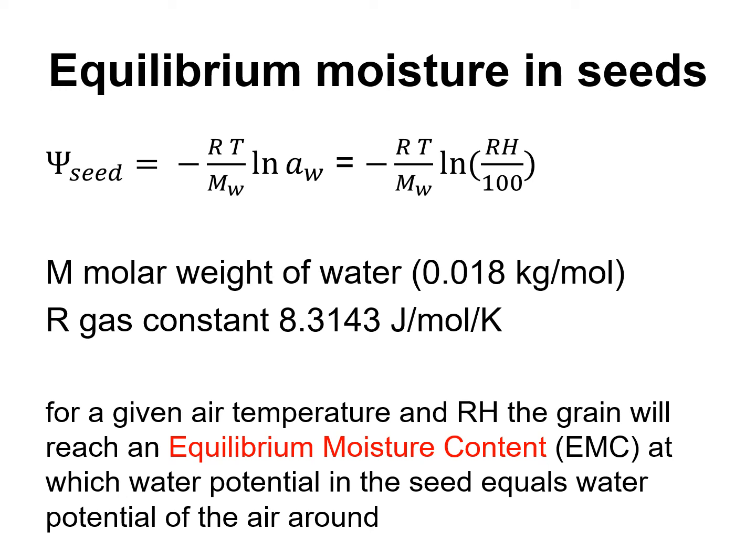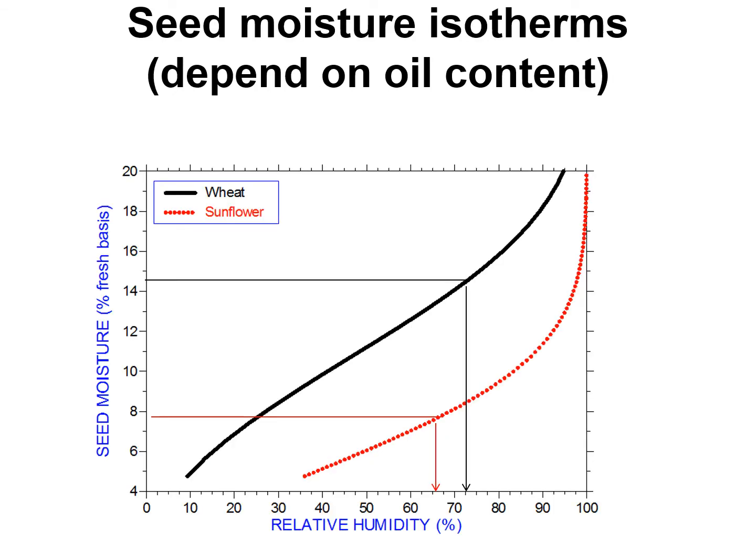So, if we increase the water content of the seed, the relative humidity in the stock will be higher. For any given temperature and relative humidity, the grain will reach the equilibrium moisture content that is defined by this equation, at which water potential in the seed equals water potential of the air around. Here we see two seed moisture isotherms, which are the relationships between seed moisture and relative humidity, for wheat and for sunflower.